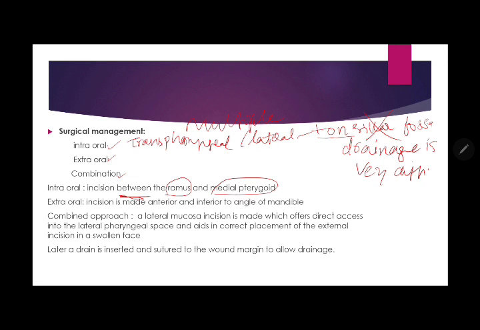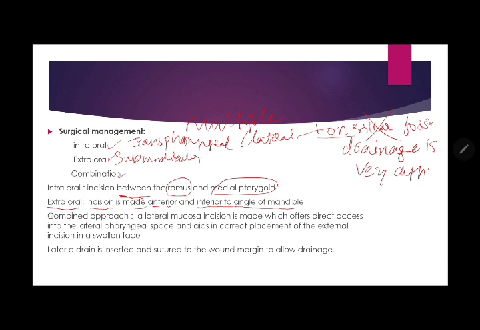Then coming to the extraoral approach, this extraoral submandibular incision is the safest approach, wherein the incision is made anterior and inferior to the angle of the mandible. So in this extraoral submandibular approach, the incision is made anterior and inferior to the angle of the mandible.